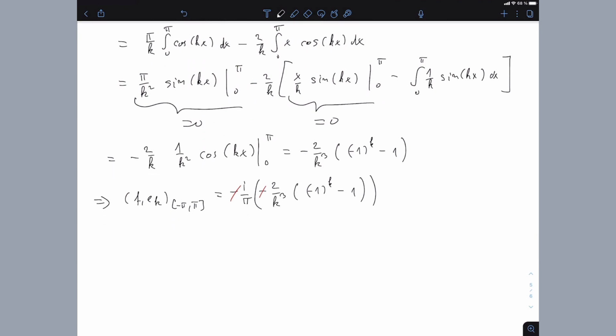Now we can make this even a little bit shorter. If k is odd, minus 1 to the k is just minus 1, and minus 1 minus 1 is minus 2.